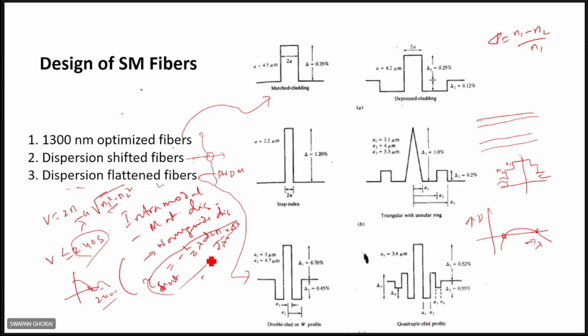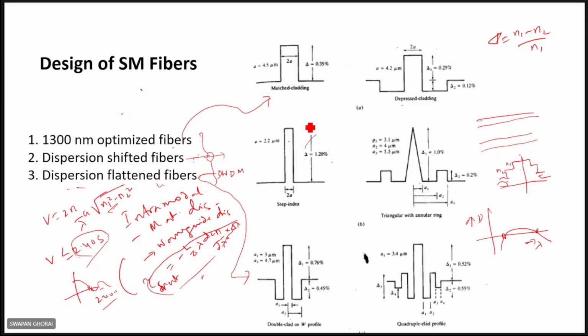That is the target of designing single mode fibers: by using different index profiles, we can design them. There are three different types of fibers based on the refractive index profiles. The first one is 1300 nanometer optimized fibers.